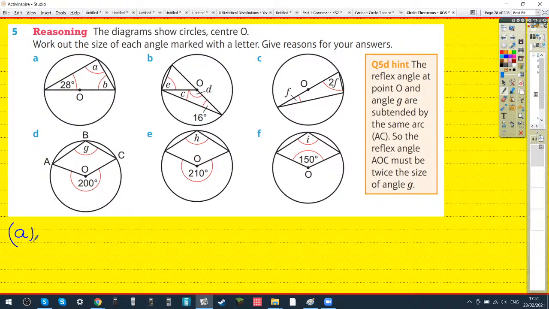Okay, let's try these. So find out A and B. 20 degrees.